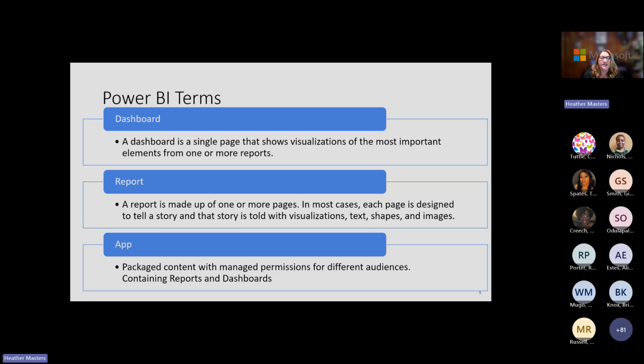In most cases, each page is designed to tell a story, and that story is told with some visualizations, text, shapes, and images. And an app can encapsulate a report. So it's packaged content with managed permissions for different audiences, and it might have reports and dashboards.